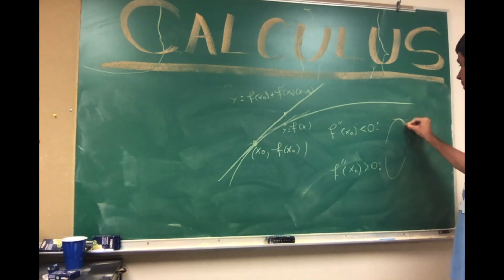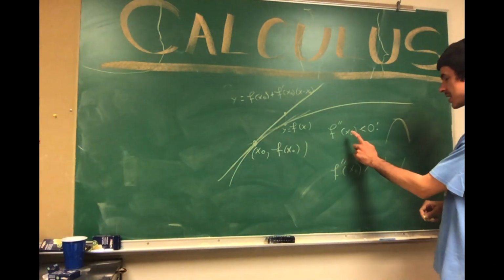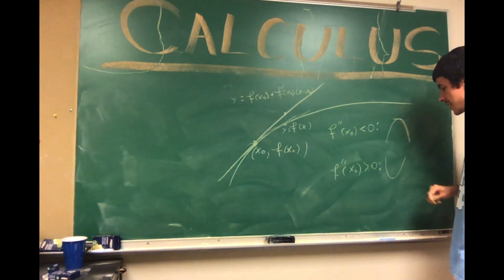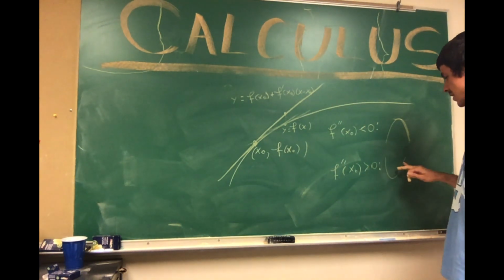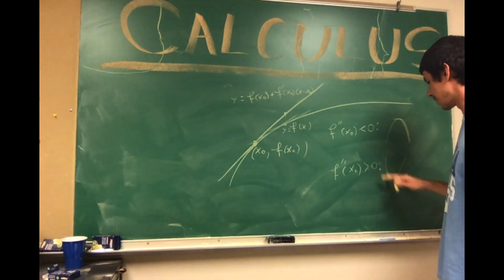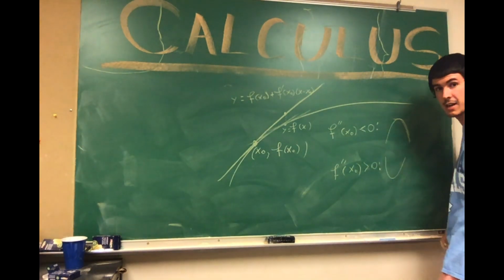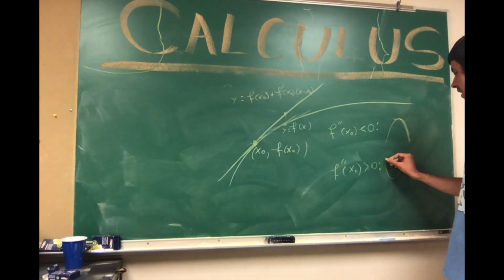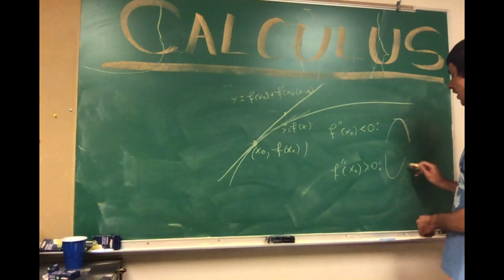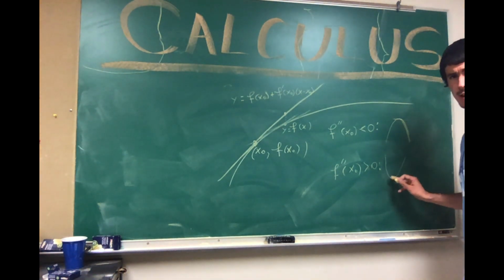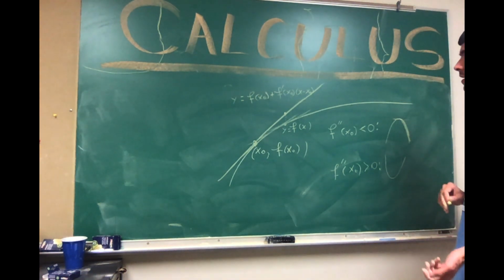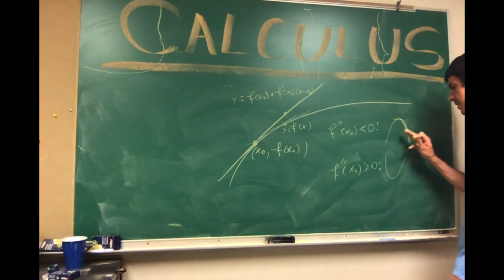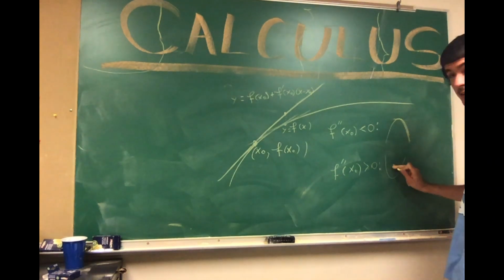The terminology sometimes used is, in this case, concave down, like a downward facing cave, and in this case, concave up, like an upward facing cave. That's the terminology we're going to use. Sometimes this is referred to as convex, but that gets confusing because different people use it to mean different things. It's pretty unambiguous if you say concave down, concave up.